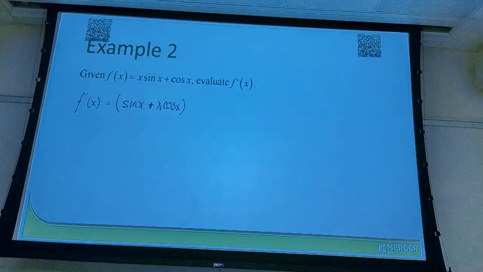Now you move on. So that took care of that one, right? Big picture, what kind of function is that? It's a cosine function, right? So it's the cosine rule. What is the derivative of cosine? Now just simplify.